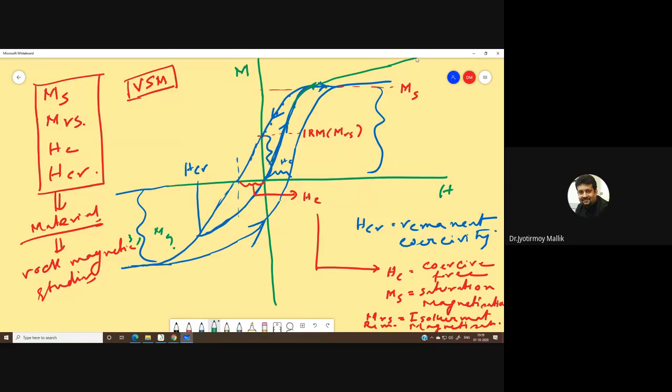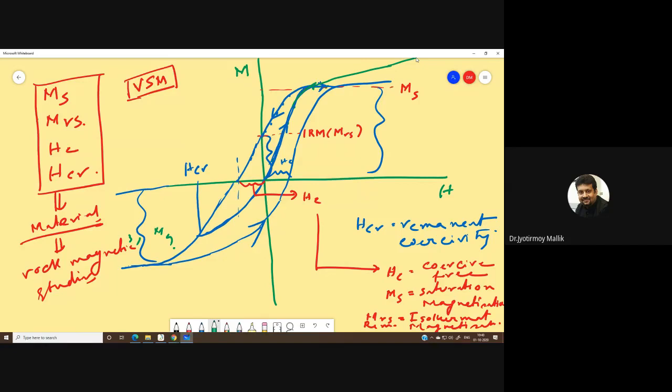And this happens when, say for example, you are working with basalt, and basalt has maybe 1 to 2% of ferromagnetic minerals in terms of its oxides. Say for example, in a basalt you have magnetite, hematite. These are ferromagnetic minerals at room temperature, and that is reflected or manifested by this hysteresis curve.